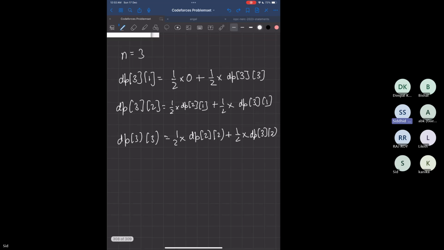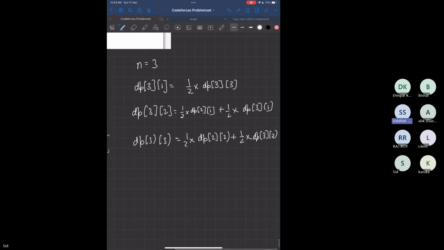So how to do so? Let's remove this part because this is a 0 part. What we can see here is this equation. We can substitute this part here, and then we can substitute this part here. So it forms a chain. What happens if we do the first substitution, dp 3, 2?